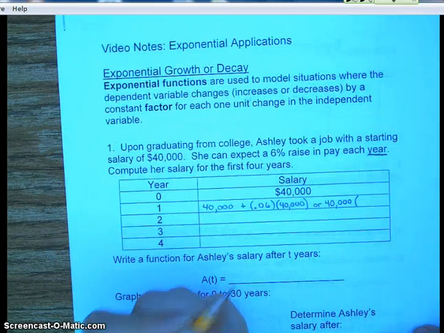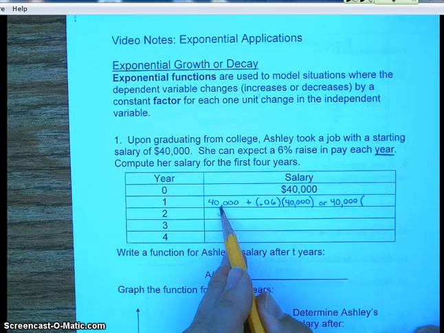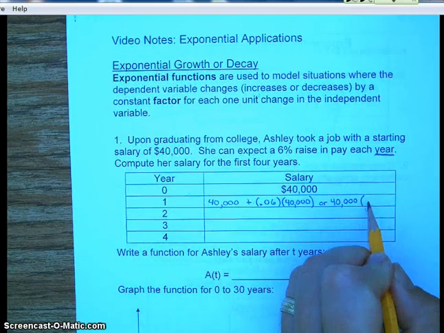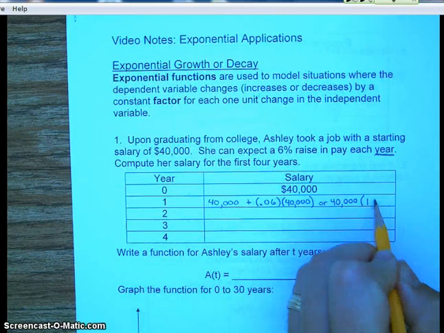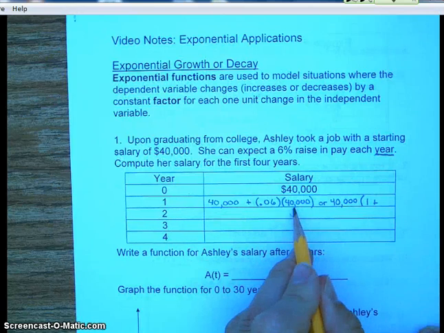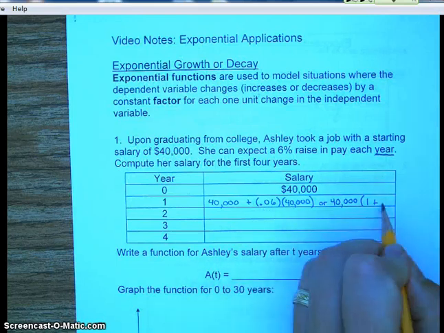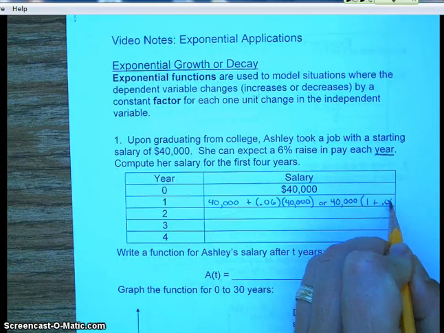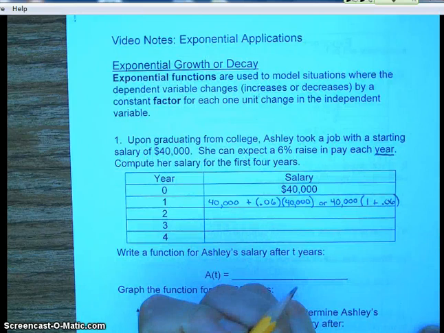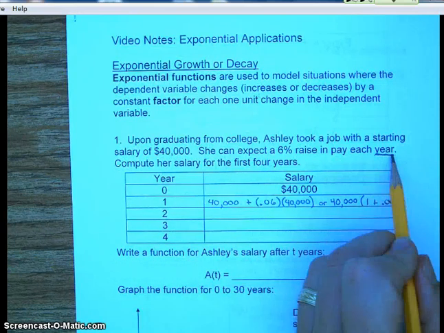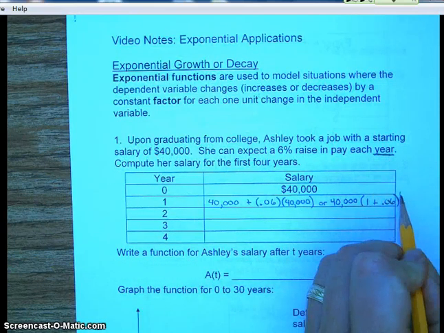If I factor a 40,000 out of 40,000, I get 1 plus, and out of this one, I get 0.06. And then your time is going to be your exponent.